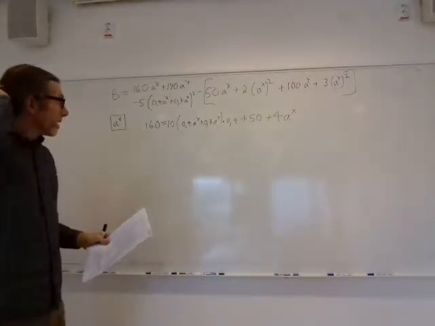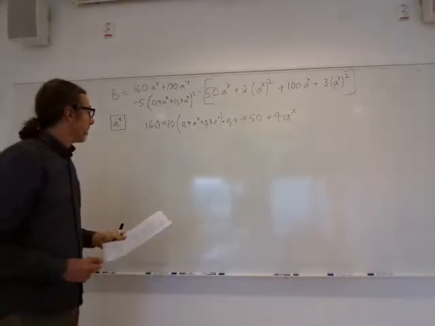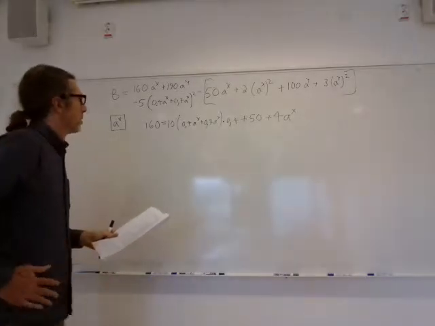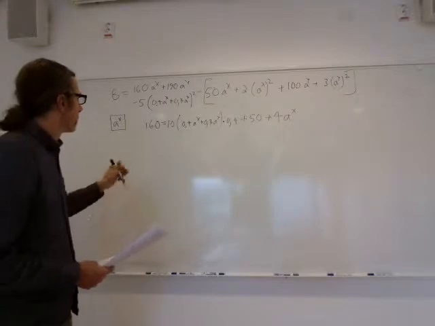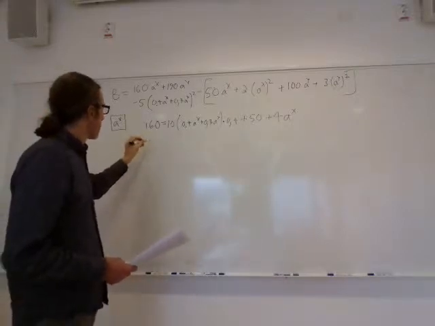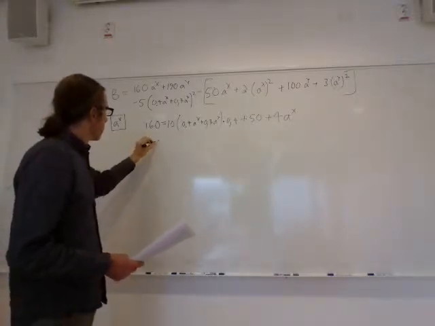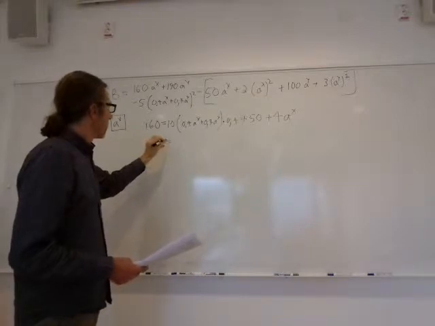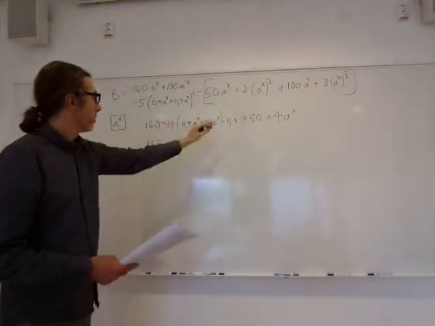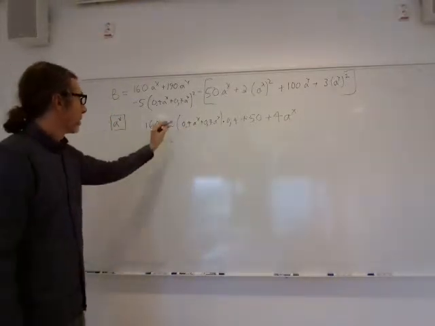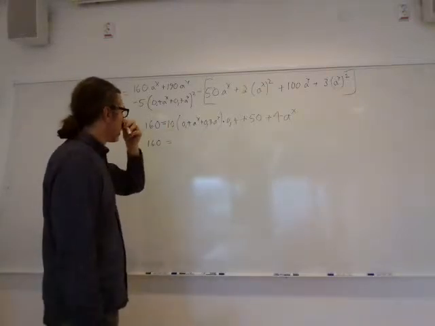So let's put the equal sign here, and now we've got plus signs everywhere. Why don't we simplify this a bit before we go any further? 160 is 10 times 0.4, which is 4, times this.